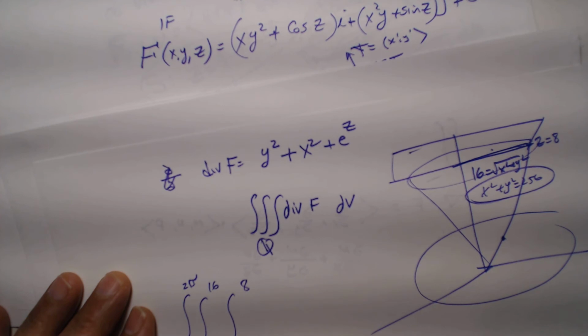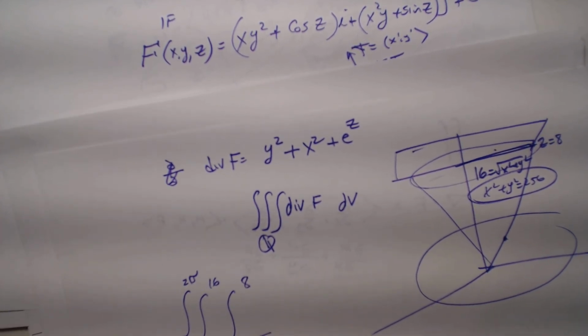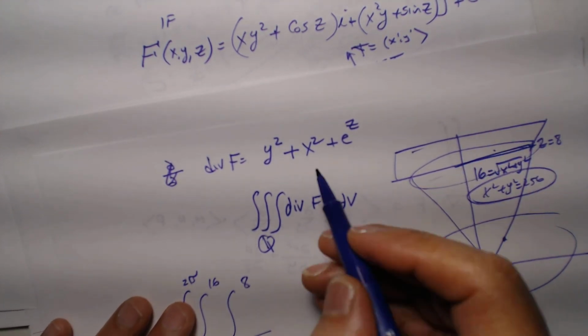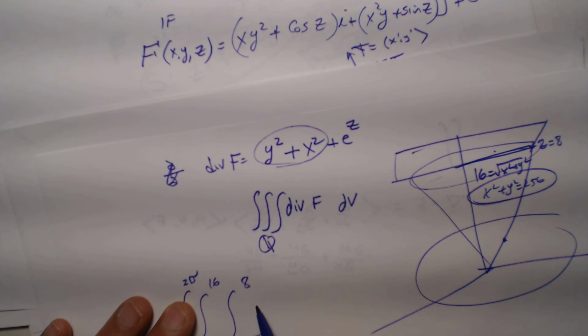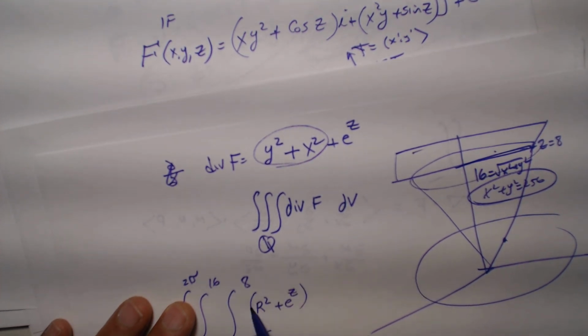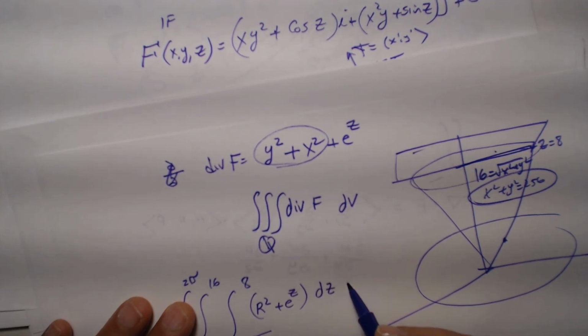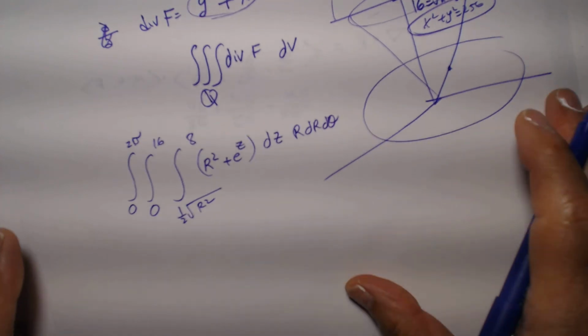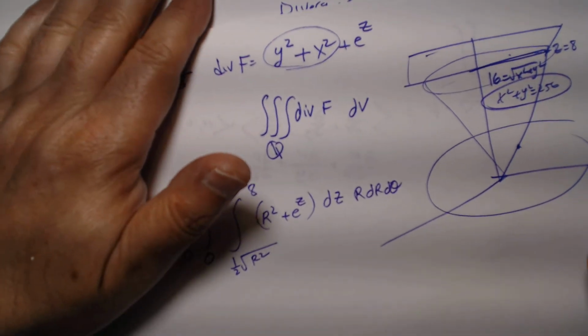But in here, 1/2 square root of x squared plus y squared, I'm going to put r squared. And I need my divergence. My divergence is x squared plus y squared, which is r squared, plus e to the power of z. But I do have a dz, I have an r dr d theta. And I am done for the divergence.